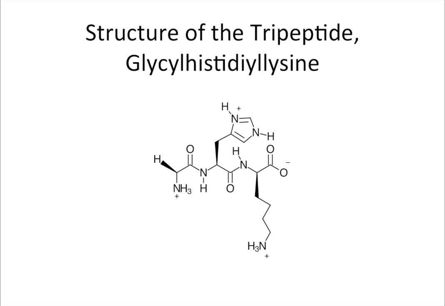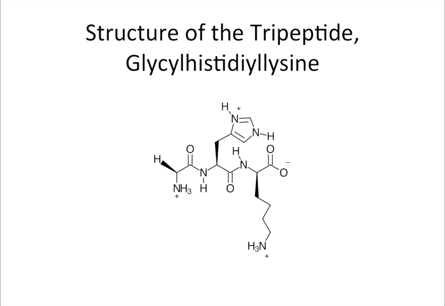It's spelled CYTOCHROME C. Cytochrome C has 104 residues, so that's amino acid residues. It has a molecular weight of 12,400 kilodaltons, and it consists of one polypeptide chain.